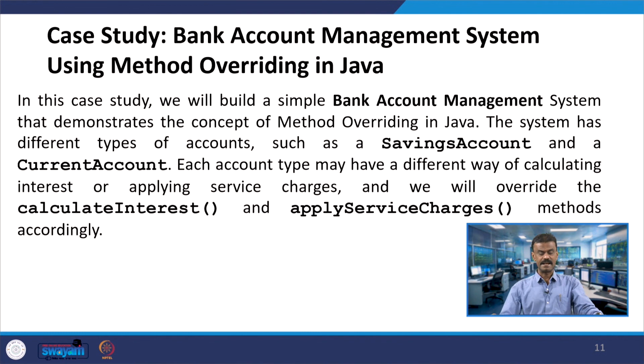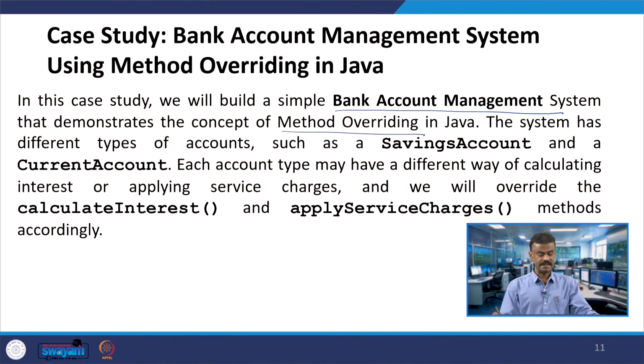Now we will see one case study based on overriding, and we are going to use it for a bank account management system. Let us consider a simple bank account management system built with the help of method overriding in Java.